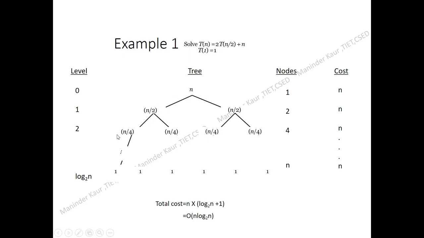Now we sum up the cost within each level of the tree, and once we get the cost of each level, we find the total cost of all the levels of the recursion, that is n log to the base 2 of n.